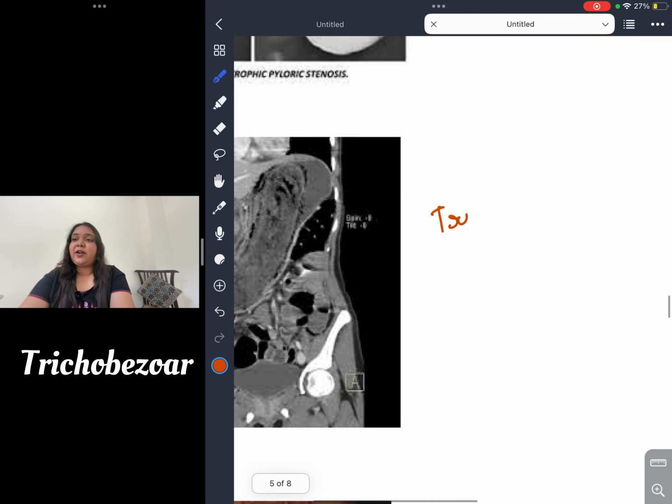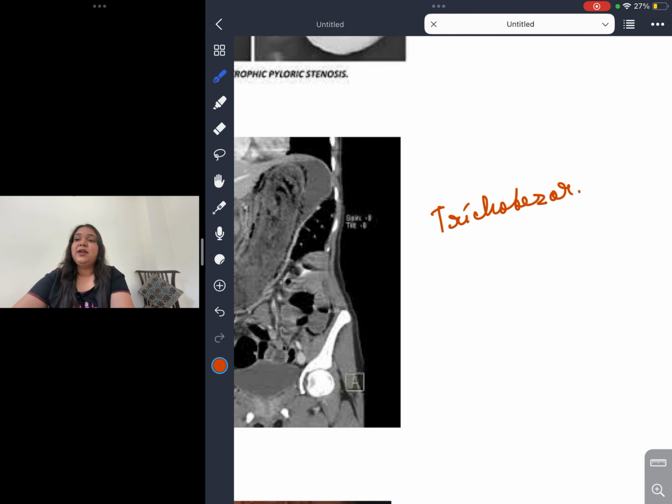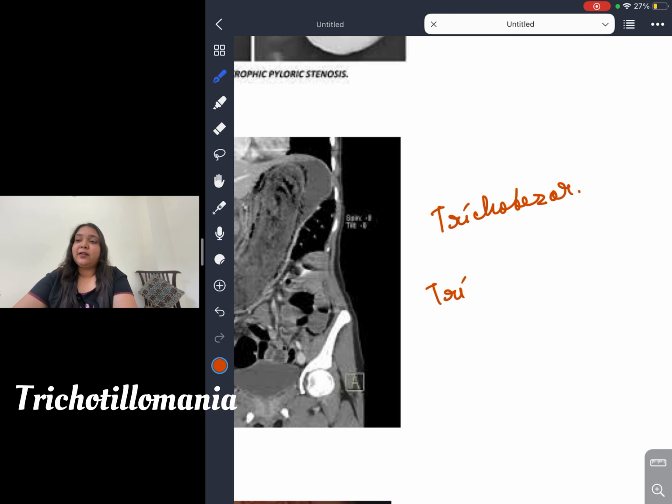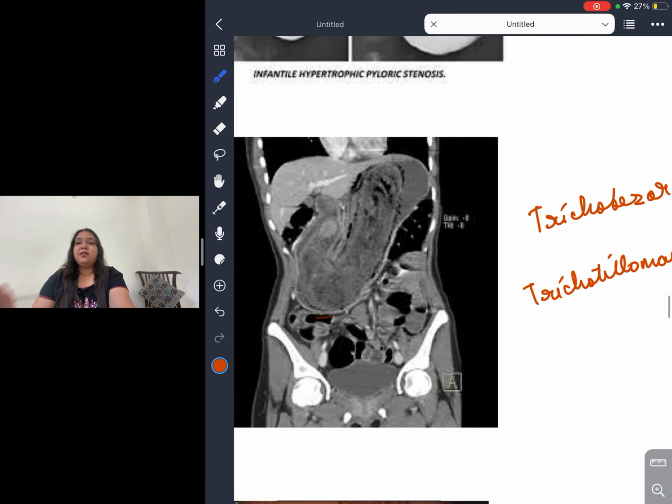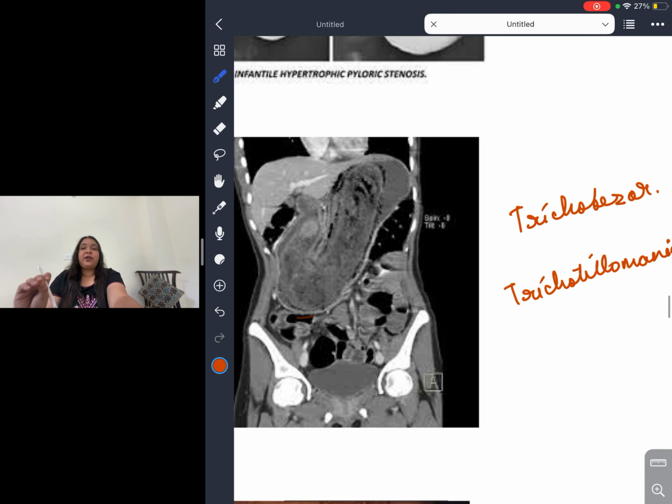We call it trichobezoar, and it is seen in a psychiatric condition known as trichotillomania. In this condition the patient eats a lot of their hair, and there is obstruction in the stomach, so we have to take it out. So this is the condition of trichobezoar or trichotillomania.